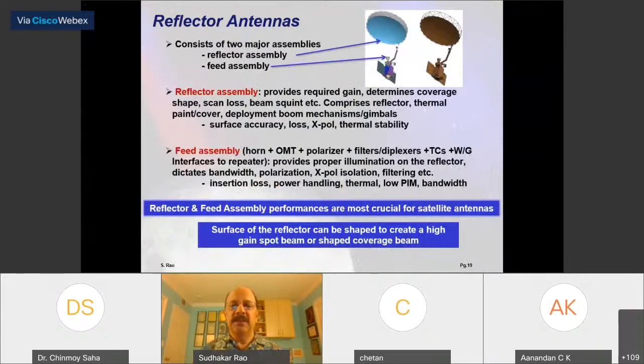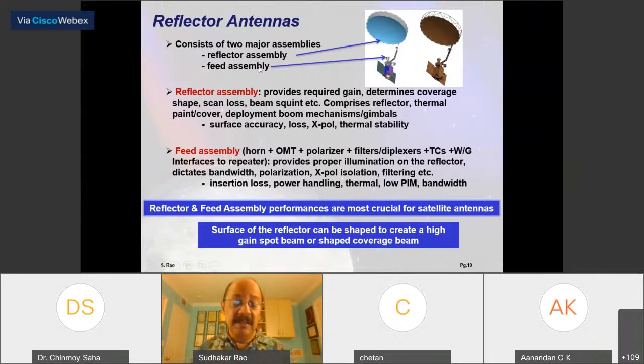So reflector, basically we talked about the reflector assembly. That's basically a reflector with a boom. Generally these are deployed away from the spacecraft panel on the east or west side. So you need a boom mechanism to hold the reflector in place. And then it is fed with a feed assembly. The feed assembly is basically the horn plus all the components that go with the feed, which includes the polarizer, the OMT in some cases, the filters, diplexers or multiplexers, whatever you need.